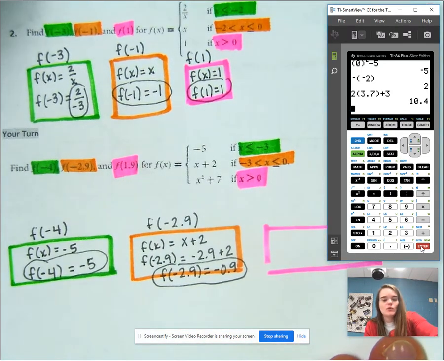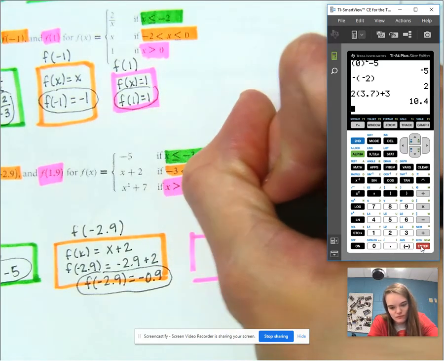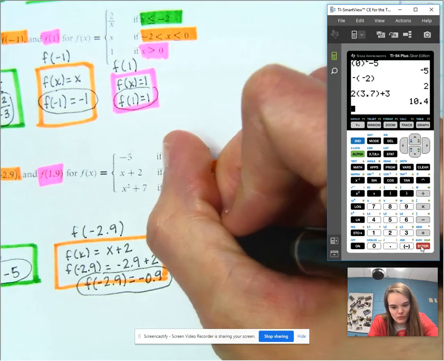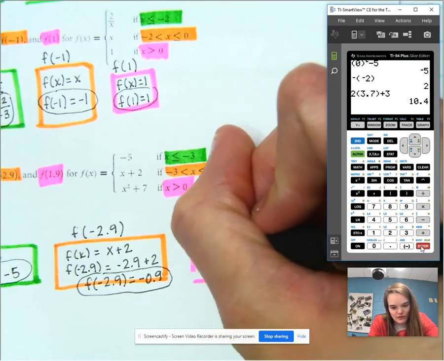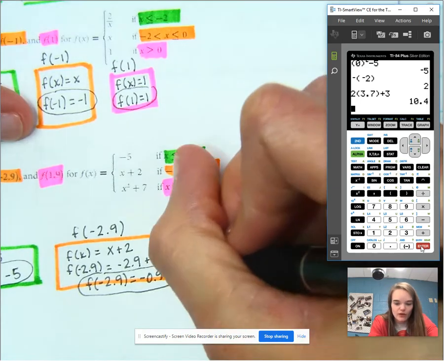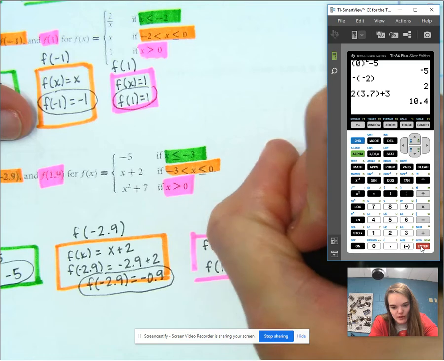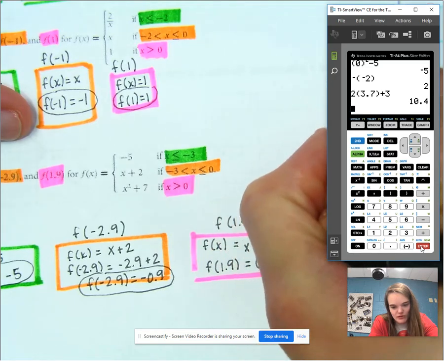And last, f of 1.9, which uses f of x equals x squared plus 7. I will have to use a calculator for that. f of 1.9 equals 1.9 squared plus 7.